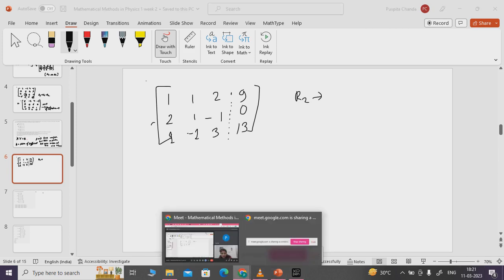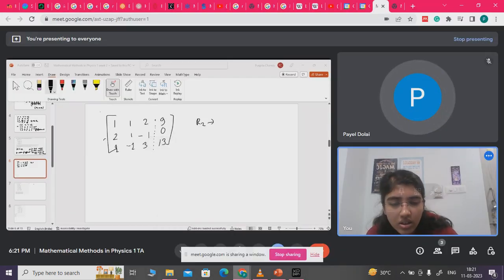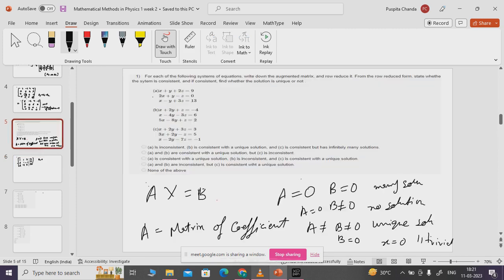Yes. Hello, scroll forward one page, ma'am. Okay, yeah. See, I have put the coefficients as a matrix 1 1 2, 2 1 minus 1, 1 minus 1 3, and this 9 0 13.